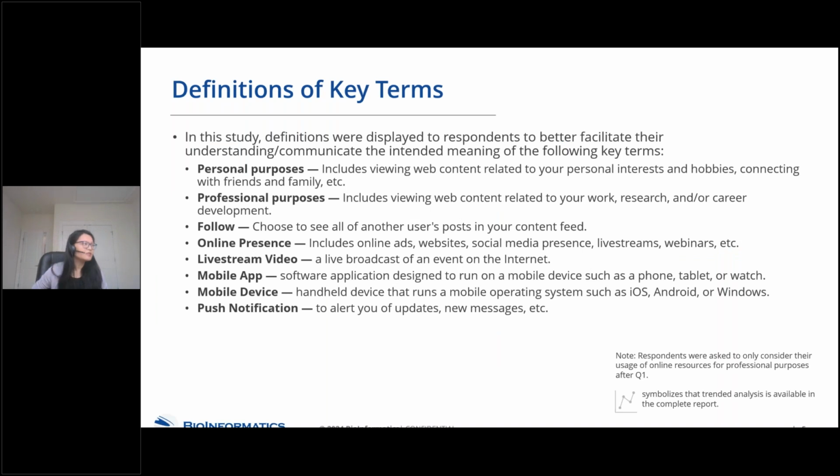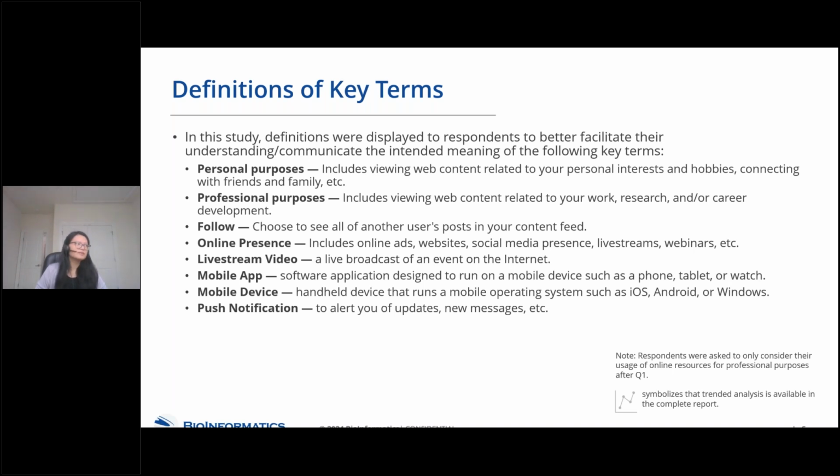So just as reference, there were several terms that were used in the survey that were displayed to respondents to better facilitate understanding of the meaning of these key terms. In particular, respondents were asked about their usage of digital media for personal purposes and professional purposes.